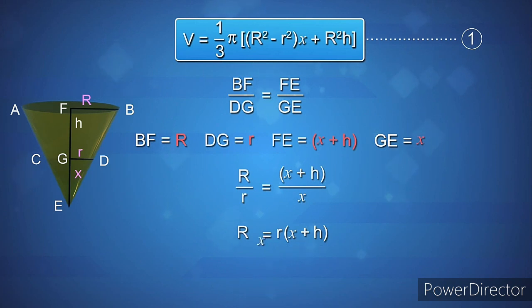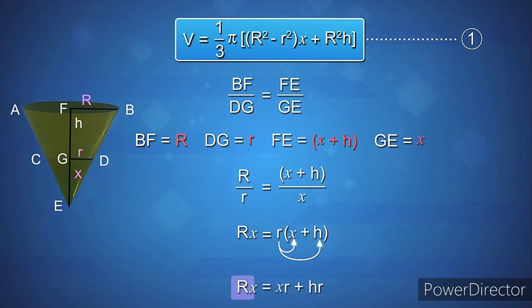By cross multiplying, we get capital Rx is equal to small r into x plus h. Now expand the equation by multiplying the term small r with x plus h. So the equation becomes capital Rx is equal to x into small r plus h into small r.